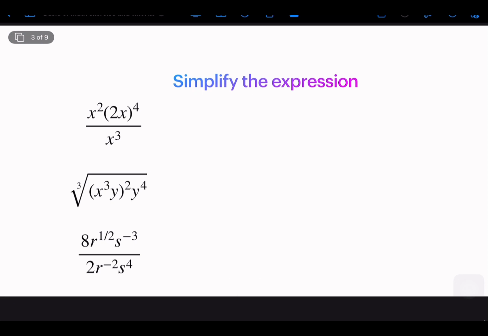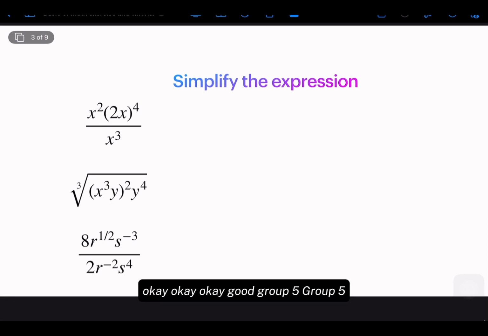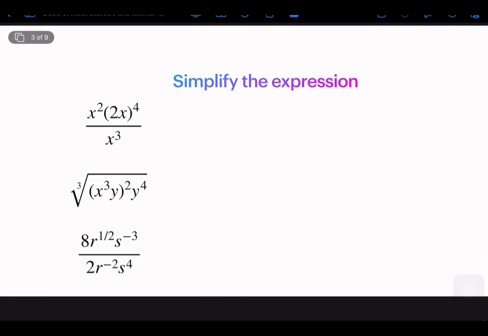Okay, good. Group 5? Marker? Group 5? It's okay, it's okay. Maybe some steps.